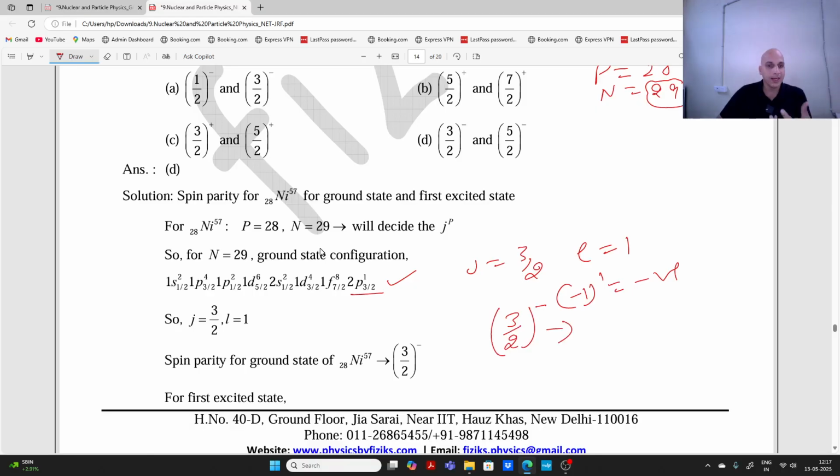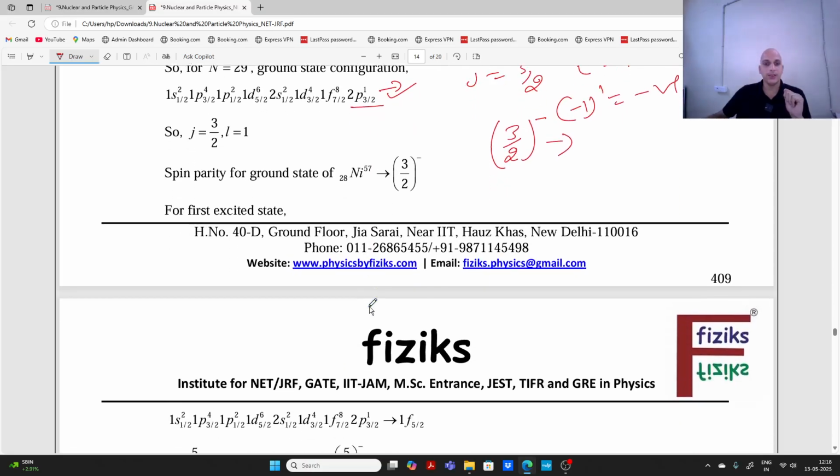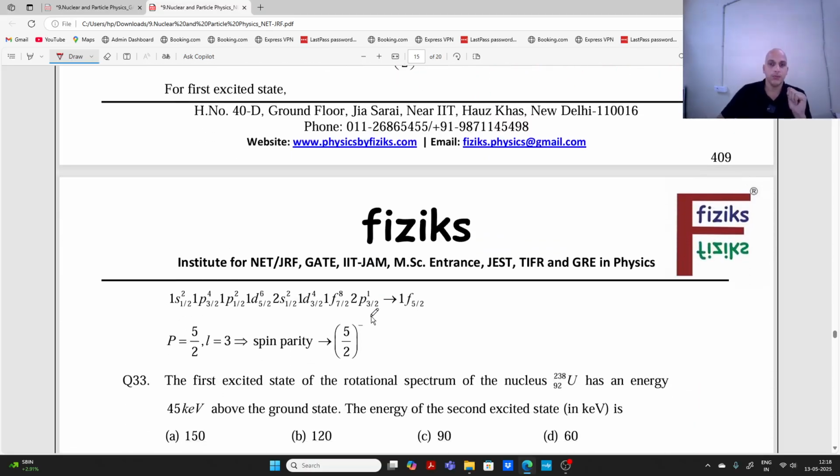Now what about the first excited state? First means the immediate next cell to this, right? So 1s, 1p, 1d, 2s, 1f, 2p. You have to remember this sequence.